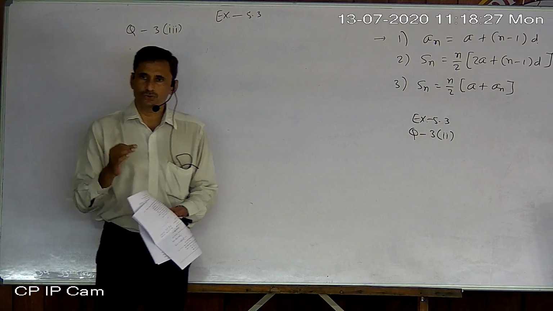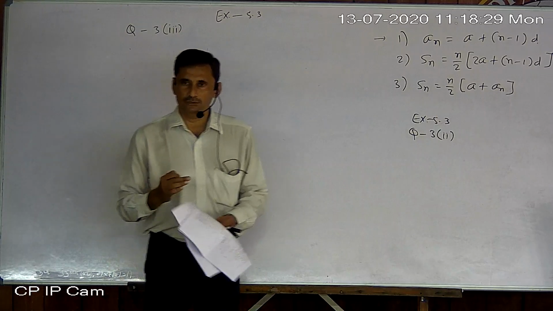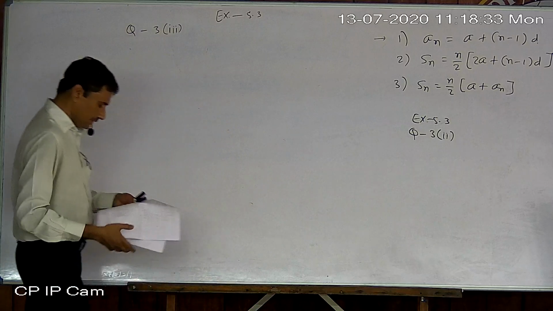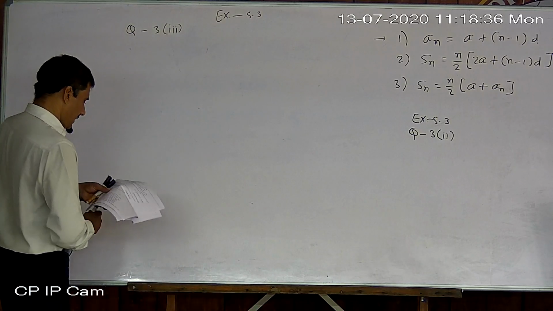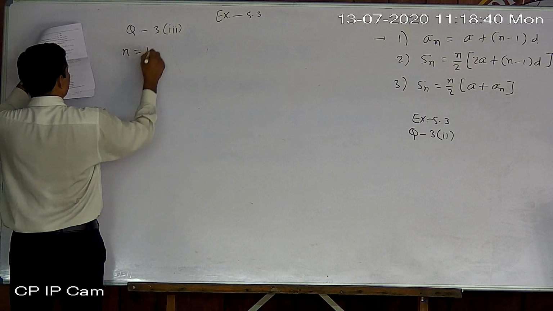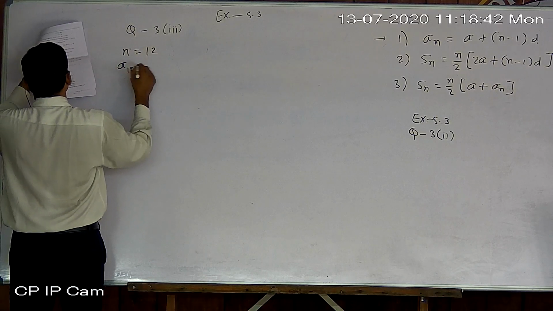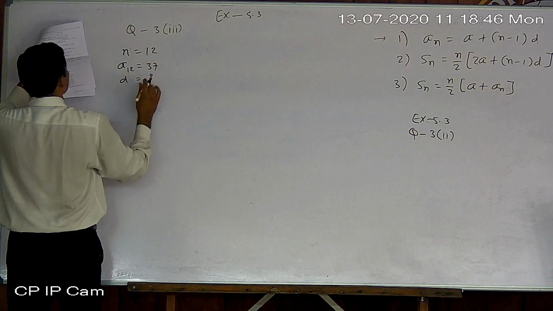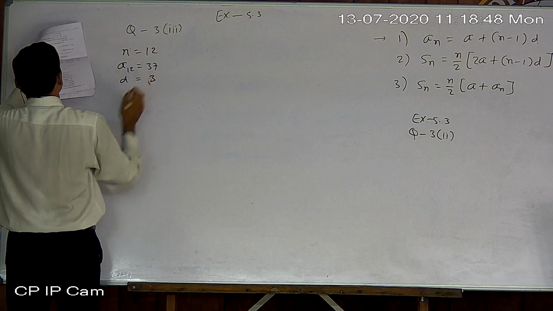So you must have your textbook open. Now in the third one, a12 is given. First of all a_n is given, n is 12, d is given.